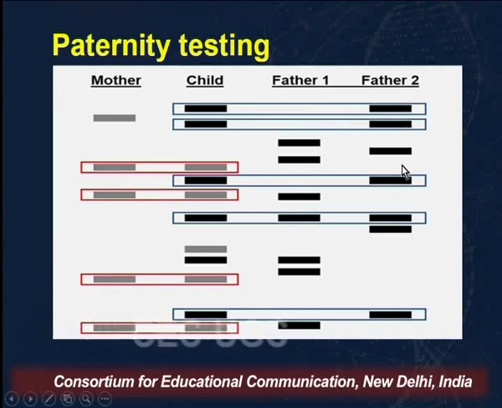With father 2, it is sharing many of the bands. So many bands are from the mother, many from the father, and some bands are distinct because of variations. So you can clearly ascertain that the probability of father 2 being the actual father of the child is much more than father 1.